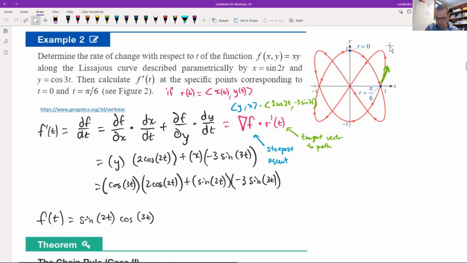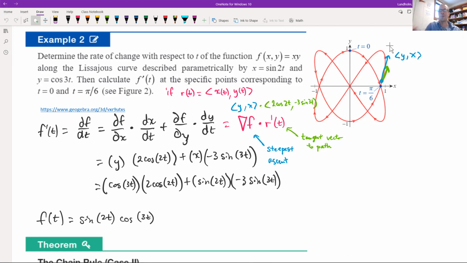All right, so if I was going to make a gradient vector here, yeah, we want this to be the vector y comma x, and starting from this point, the y value for this point is small, so I only go to the right a little bit, but the x value for this point is bigger, so I go up quite a bit more.